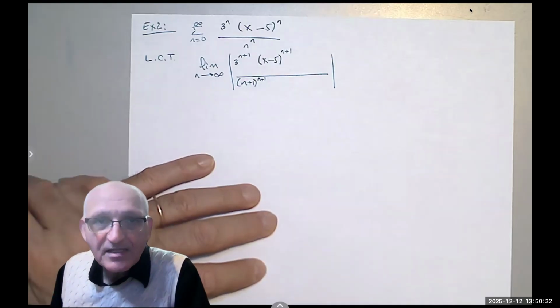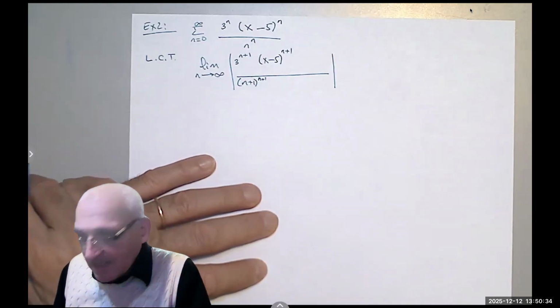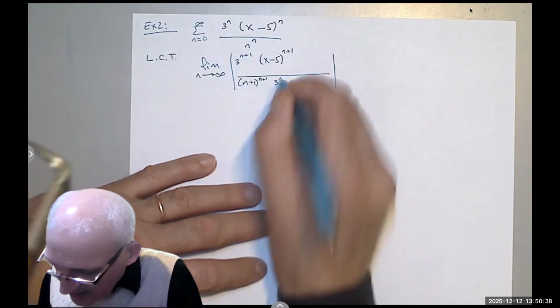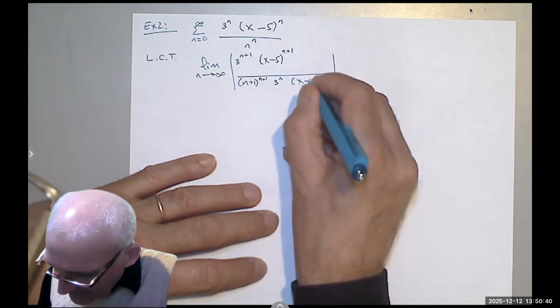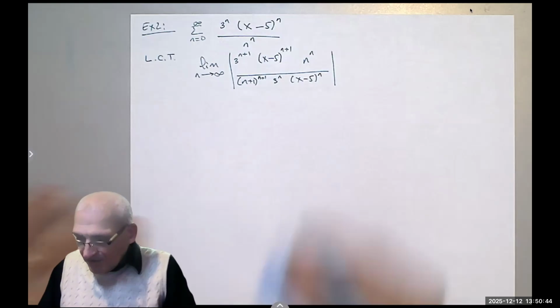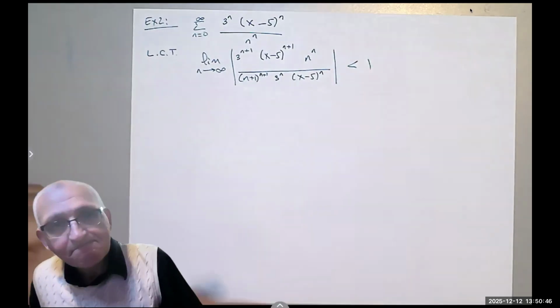Notice there is nothing multiplied by n here, so I don't need to expand anything. That's the n plus first term. I'm going to divide that by what I have here, 3 to the n times (x minus 5) to the n over n to the n. And I want this to be less than 1.